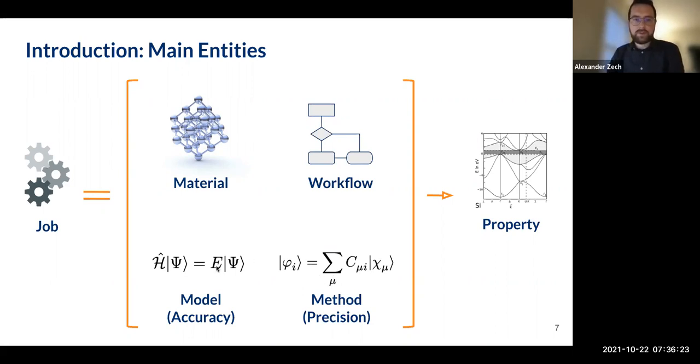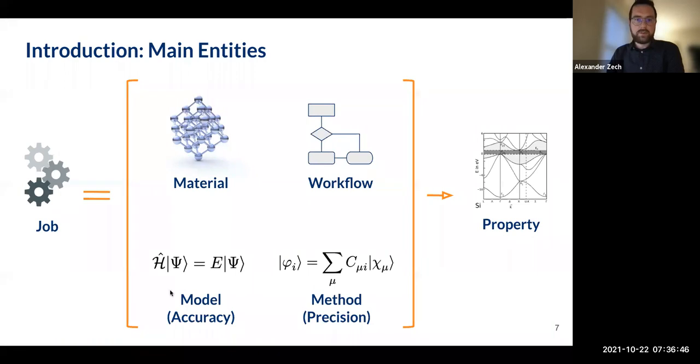This represents how we solve the model. This could, for example, be a plane wave basis or atomic orbital basis. And this will determine the precision of our simulation. So all these entities we would like to represent as data structures.